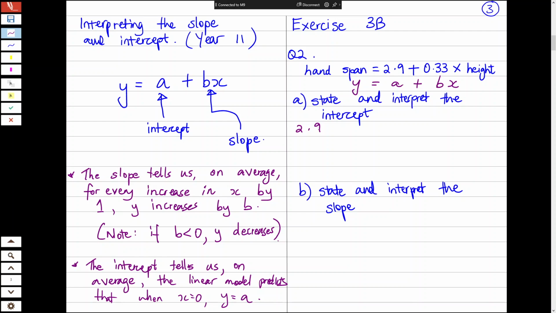Again, I'm not really sure why VCAA does this, because in the real world we don't do this, but for whatever reason, VCAA has chosen to write their equations using words, both in the exam and in the study design. So I guess it makes it easier. I've never seen it outside VCE. So, all right, the intercept's 2.9.